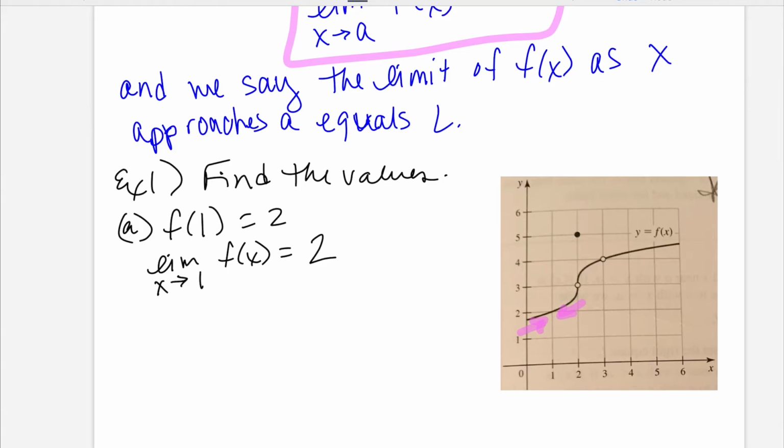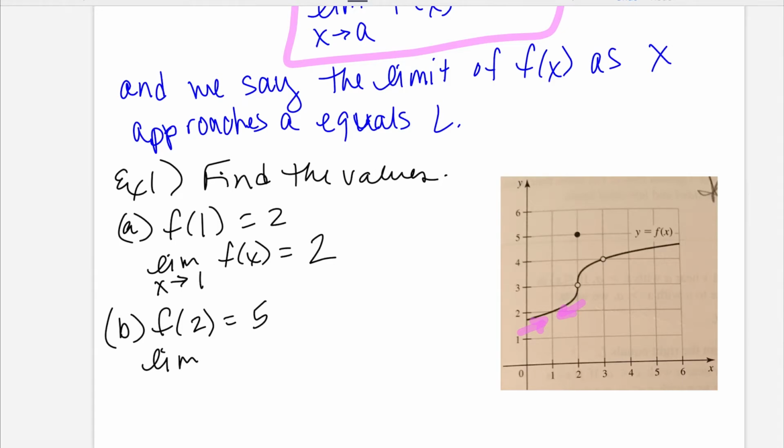Look what happens when we talk about this next part. What is f of 2? Yeah, it's all the way up here at 5, right? That's my dot. That's my filled in value. Is this a piecewise situation? At 2, the value of my function is 5.